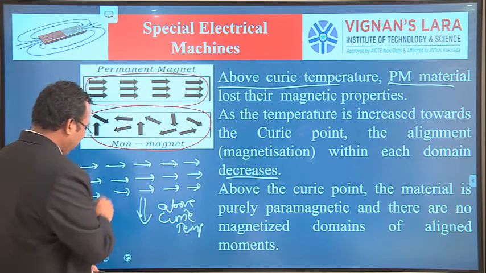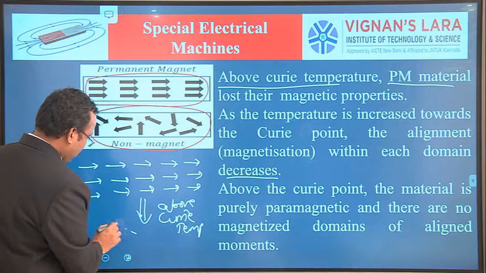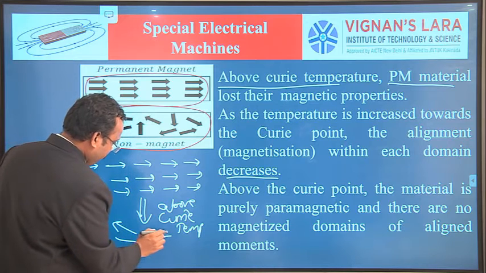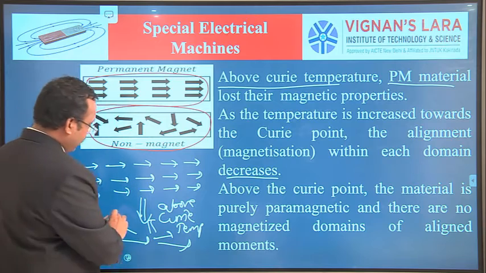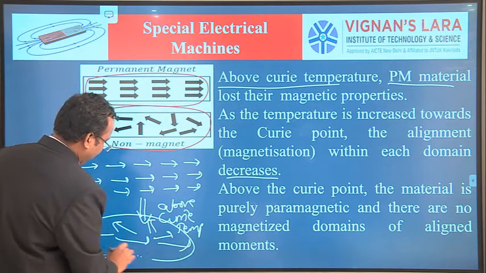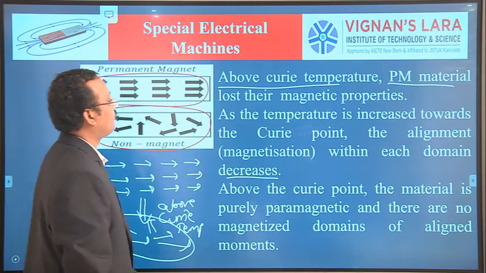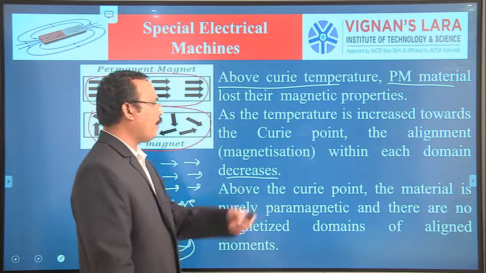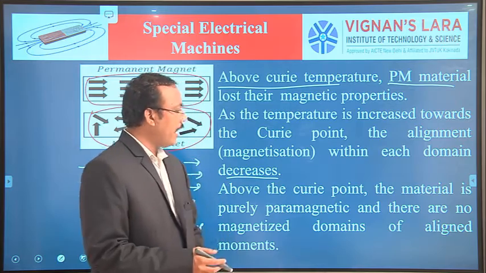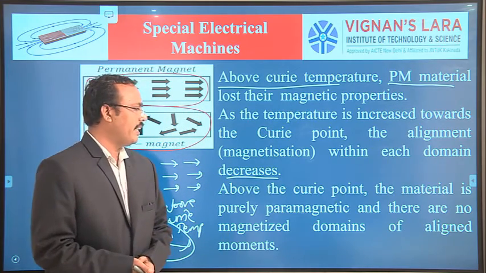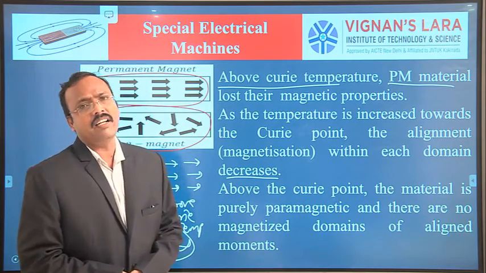These magnet dipoles align in different ways, like this. In this condition it is called paramagnetic. Above the Curie point, the material is purely paramagnetic, and there are no magnetized domains in aligned movements.